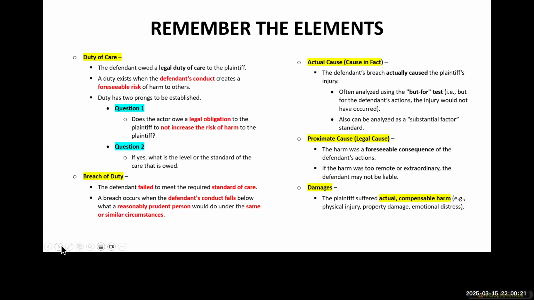We'll use two tests, but for and substantial factor, once we get there. Element four, proximate cause. The harm was a foreseeable consequence of the defendant's action. That's where we're going to start talking about superseding and intervening causes. And then element five, damages, which is the compensable harm.